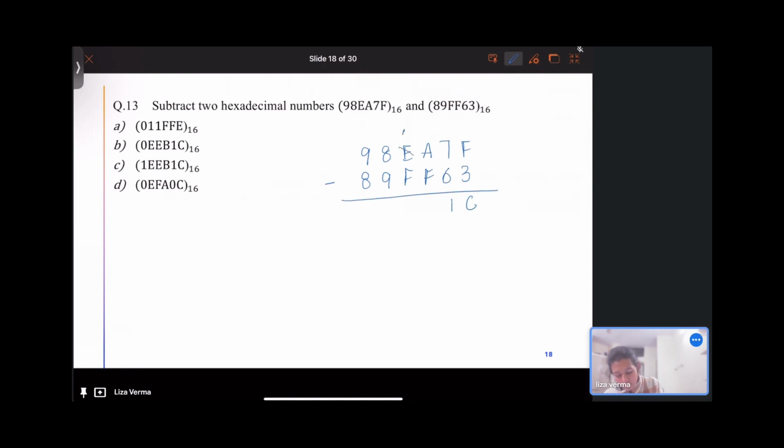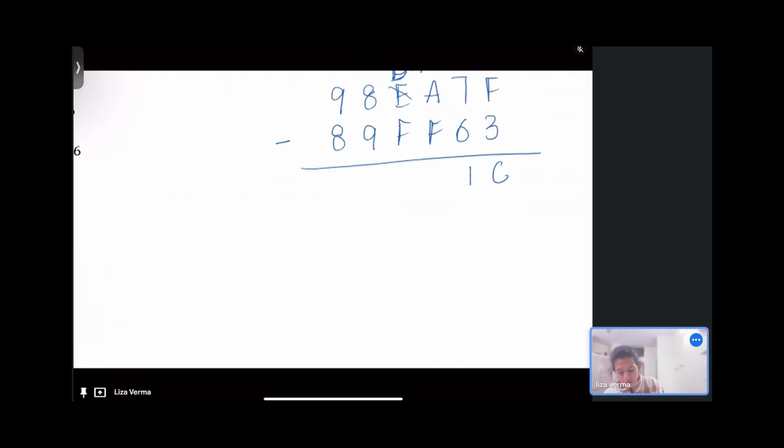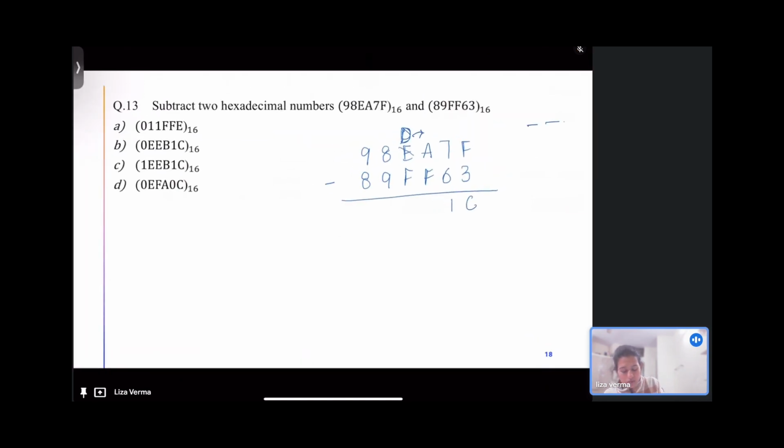E would become D, and we'll have a 16 there, right? Since we have 2 digits in a base 16 number system, this digit will have 16 times more weight than this digit.